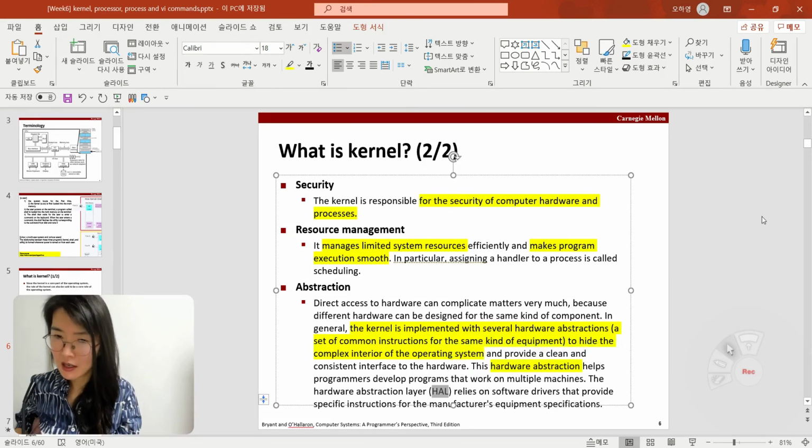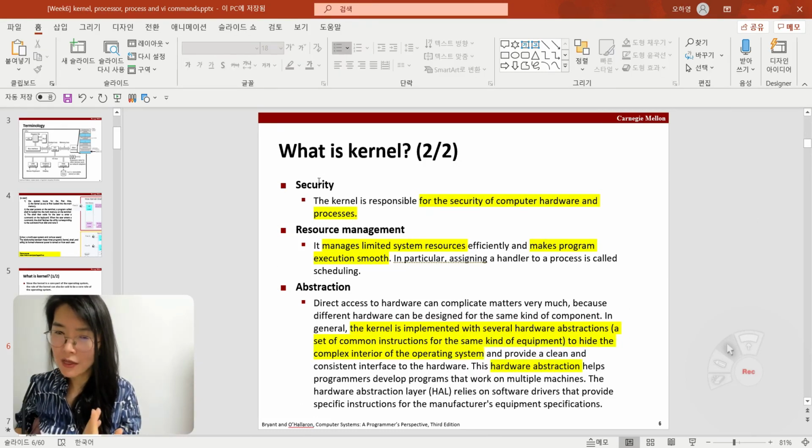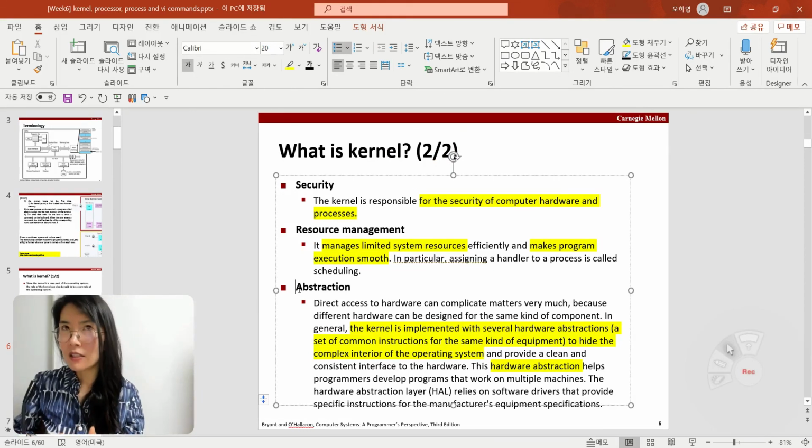All right. So with three factors, kernel can cooperate with each hardware on top of sophisticated scheduling. So applications can have its own illusion for the fully occupied hardware usage.